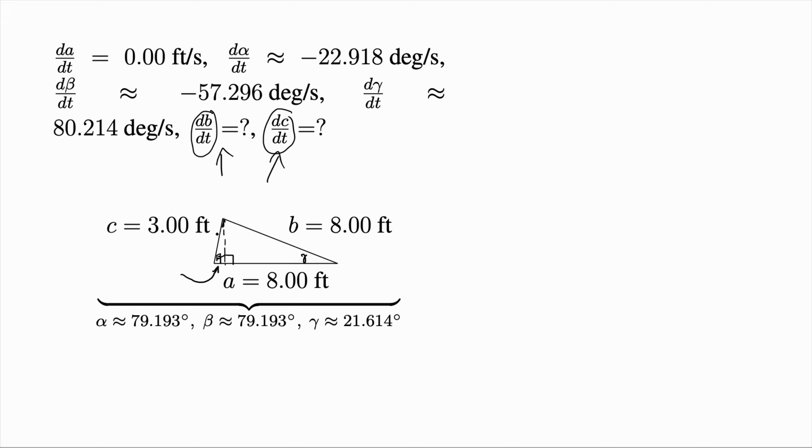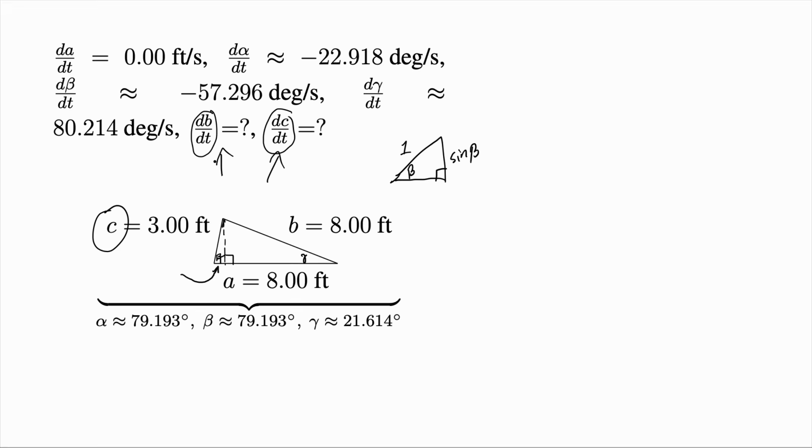This side length right here, thinking about the hypotenuse and the unit circle, there being a 1, if that's beta, this would be sine of beta. We're going to use that idea. But remember, I don't want the hypotenuse to be 3, I want it to be a variable, C. Instantaneously, at this particular moment in time, it will be 3 feet, but we're going to think of everything as variable right now.